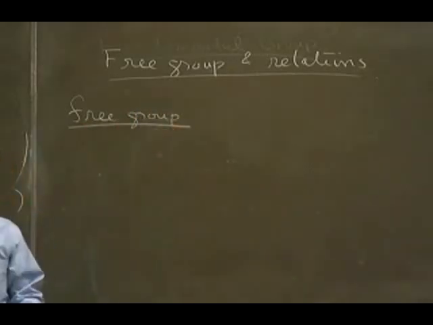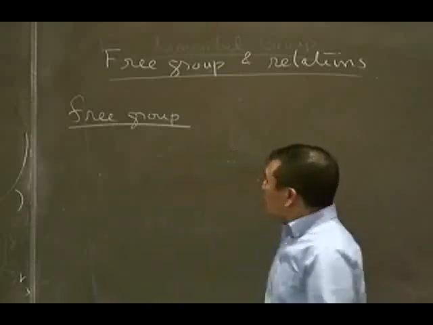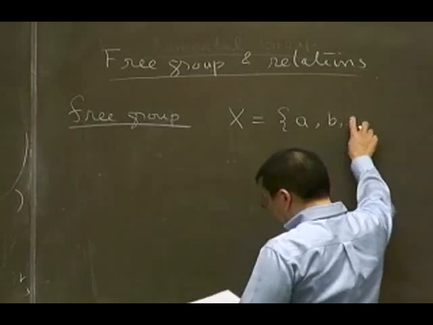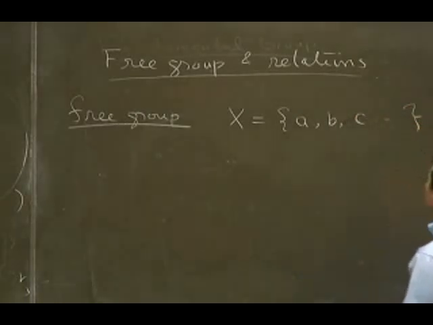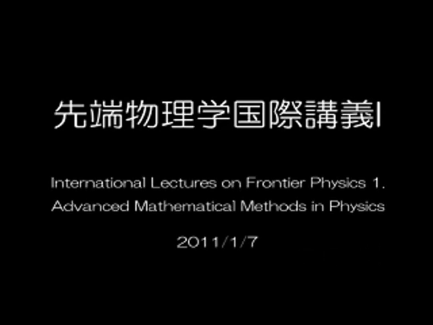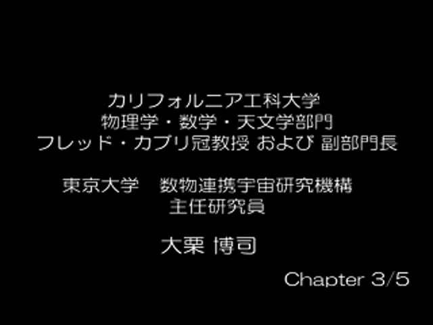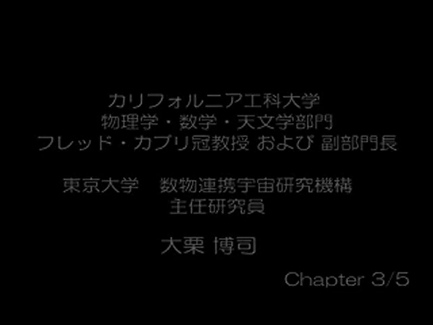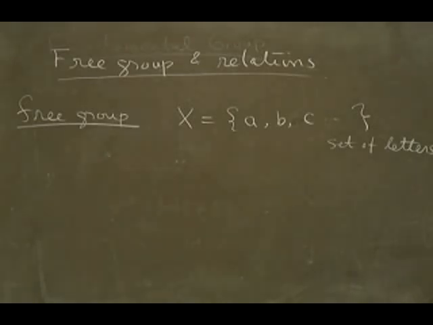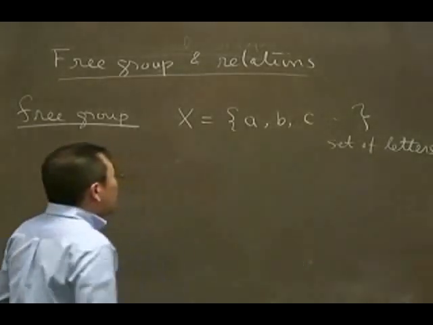A free group is a very simple thing. Start with a set of letters. For definiteness, let's say that we have a finite set of letters. And then we consider ordered sets of letters.